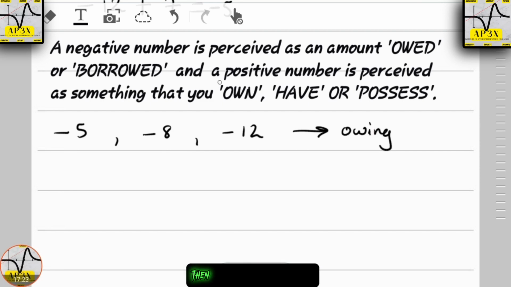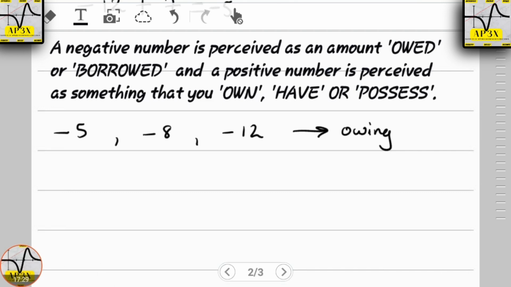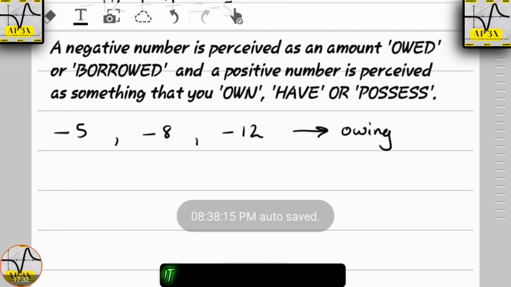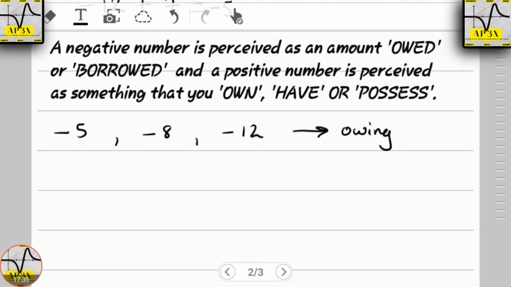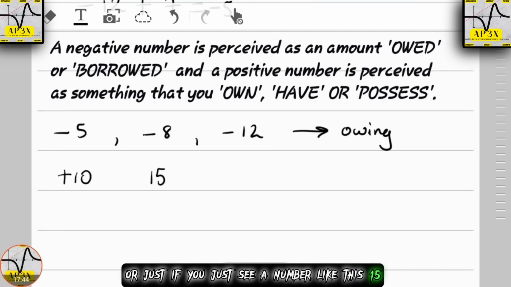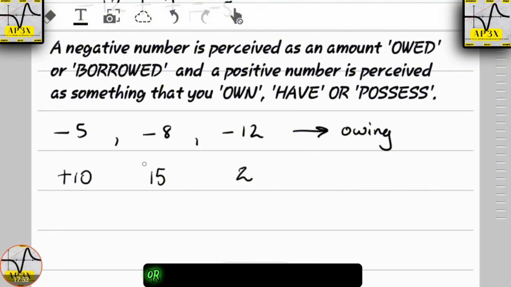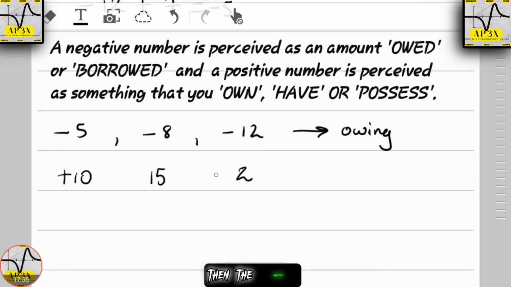Now naturally then, a positive number is going to be perceived as something that you own. It belongs to you. It's something that you have. It is something that you possess. So if we say here +10 with a plus sign, or if you just see a number like this, say 15, or say you see the number 2, just like that, then whether it has a plus sign or it doesn't have a sign in front of it, the implied positive means that these numbers are what you basically have.